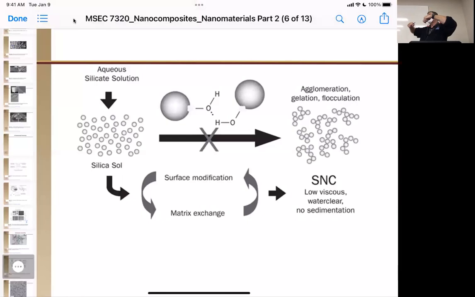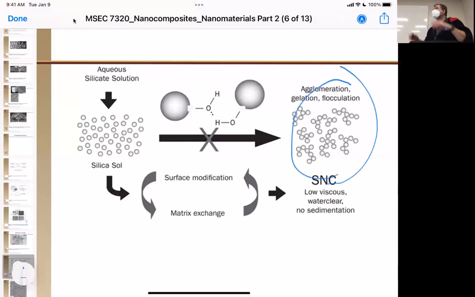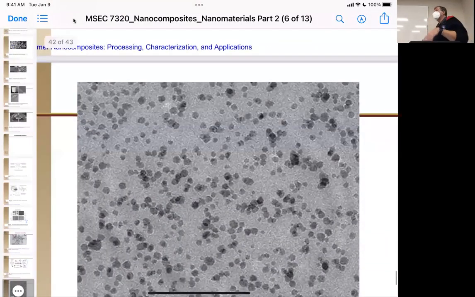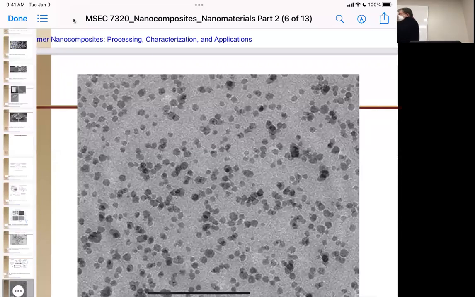So you can get it into process, and then at the final stage, when you do your final processing, you can disperse them. That means these are going to disperse into your liquid, and then in your final process, when your polymer or whatever grows in between them, it'll break them apart, and you get very well dispersed nanomaterials.